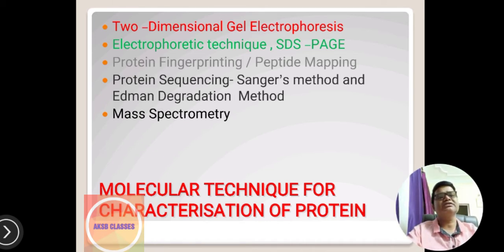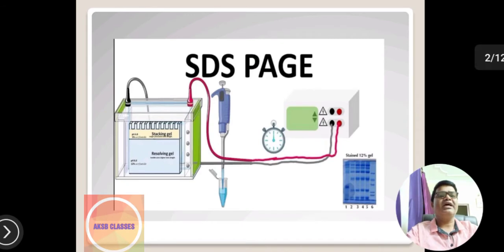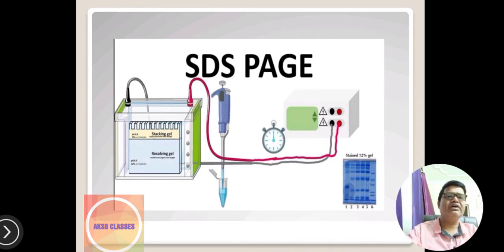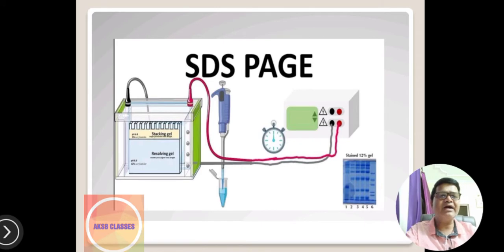So first I want to discuss the technique SDS-PAGE. The word SDS-PAGE means sodium dodecyl sulfate polyacrylamide gel electrophoresis. You know, this SDS acts as a detergent.